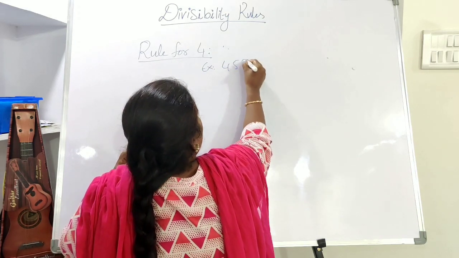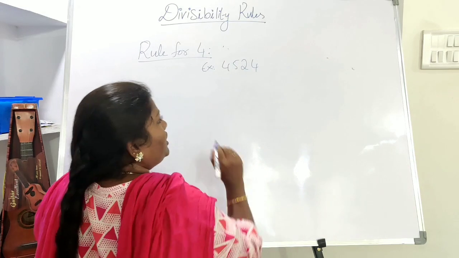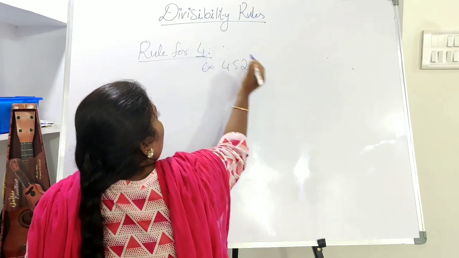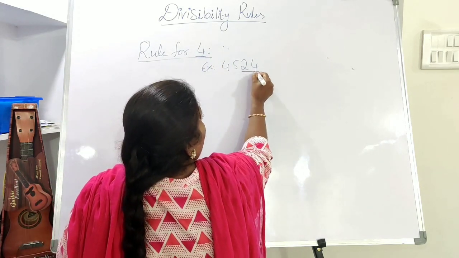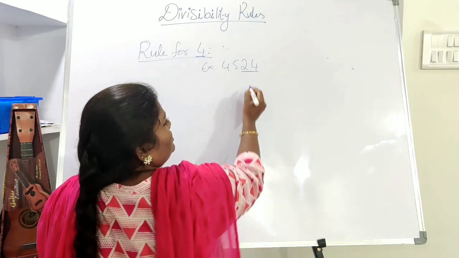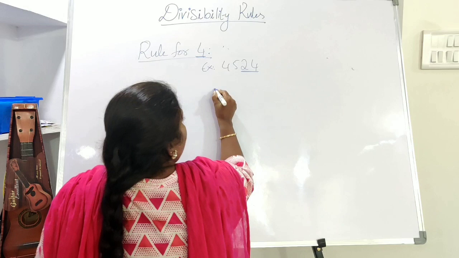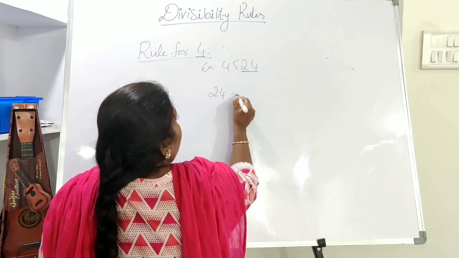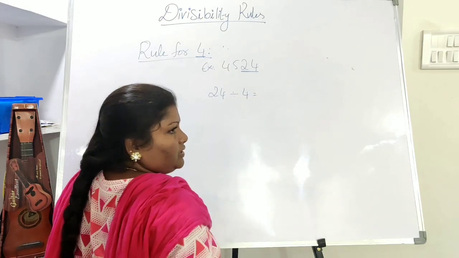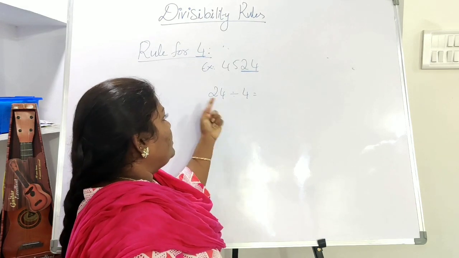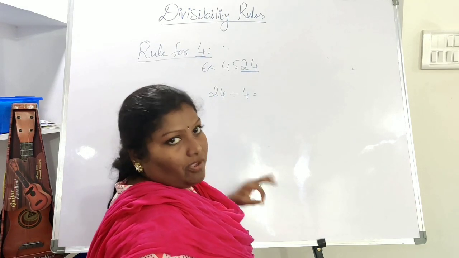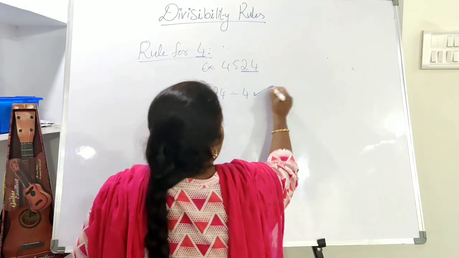4, 5, 2, 4. Now for the divisibility rule of 4 you need to check the last 2 digits. Take the last 2 digits and check whether this number is divisible by 4 or not. Now, is 24 divisible by 4? Yes, it is divisible.